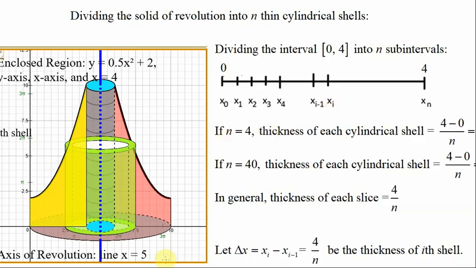First, I'm going to divide the interval from 0 to 4, right here, into n subintervals. So the first one here, let's call it x sub 0, which is 0, and then x sub 1, x sub 2, and then we'll get to the ith interval, and this is x sub i minus 1, x sub i, and when we get to 4, then we'll get x sub n.